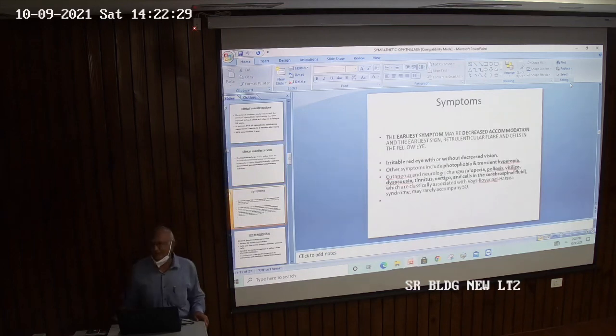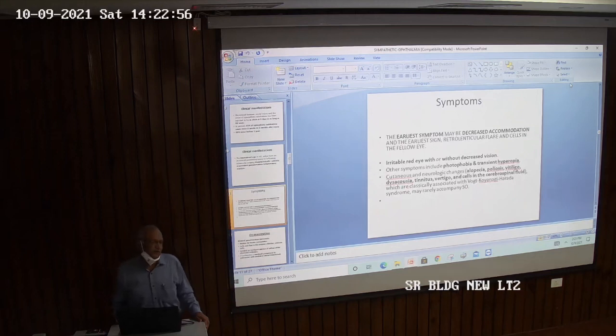Symptoms, the important part. Earlier symptoms may be decreased accommodation, and the earlier signs are retrolenticular flare and cells in the fellow eye. Once the injury is there, the fellow eye responds with anterior activity, aqueous flare, decreased accommodation, or ciliary tenderness. This is the earliest sign.